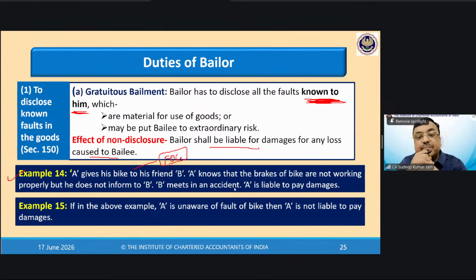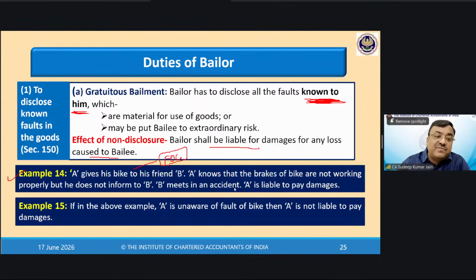A knows that the brakes of the bike are not working properly, but he does not inform B. B meets an accident. A is liable to pay the damages. A ने एक बाइक दी फ्रेंड को, ए को पता था फिर भी नहीं बताया, बी का एक्सीडेंट हो गया, ए को कॉम्पनसेशन देना पड़ेगा.